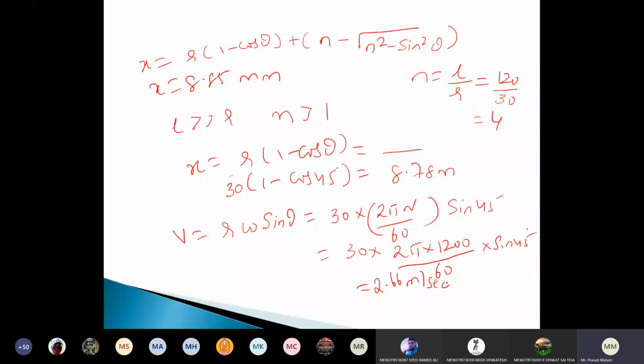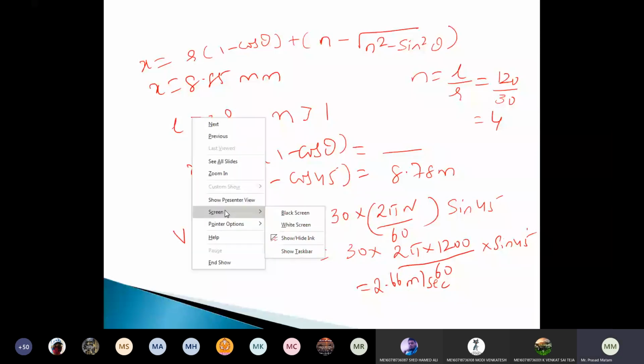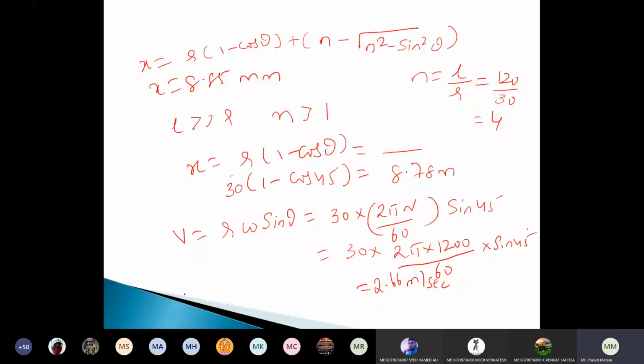Similarly, can you solve for the acceleration? What is the formula for acceleration? Acceleration of the piston, A is equal to R into omega square cos theta. This is the formula for the acceleration of the piston. Substitute all the values.